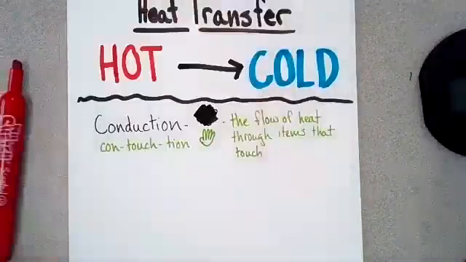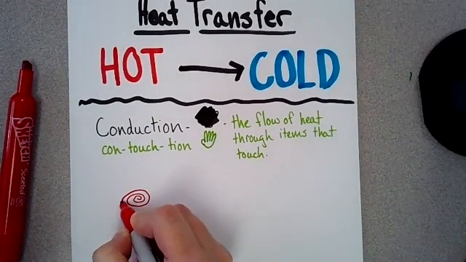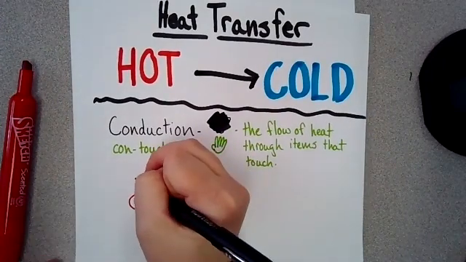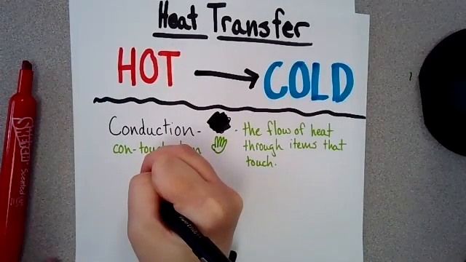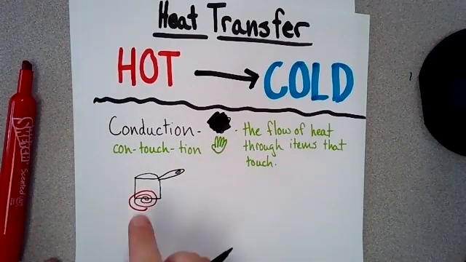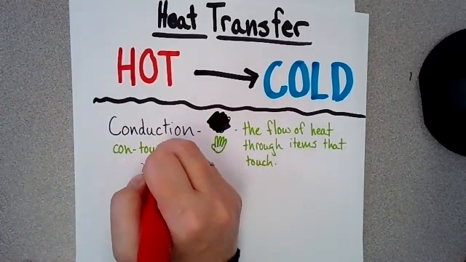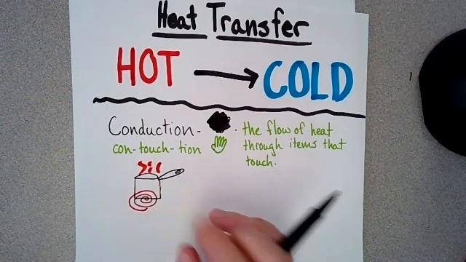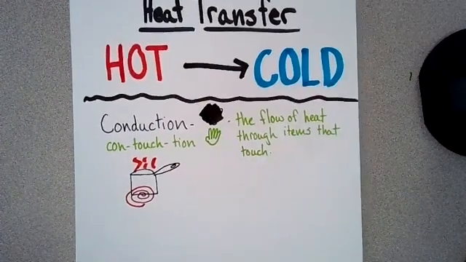In your kitchen, you have a stove. Some of you have gas stoves, some of you have coil stoves. But you've all seen a pot on top of a stove. Let's say this is your pot and that's your handle. The pot gets hot because it is touching the hot surface. You get the little steam coming out because the heat transfers from the hot coils into the pot, moving from something hot to something cold.